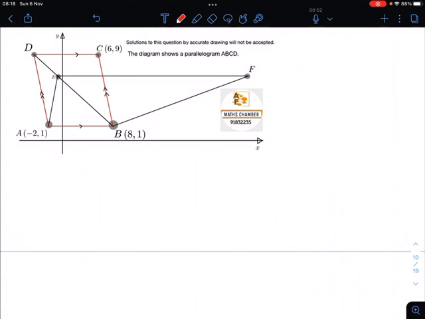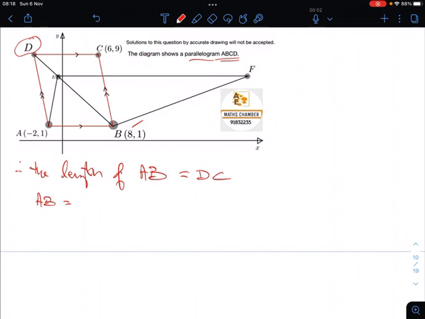We are required to find the coordinates of D. We know that ABCD is a parallelogram, therefore the length of AB must be equal to DC. AB will be equal to 8 minus 2, which is 10 units.